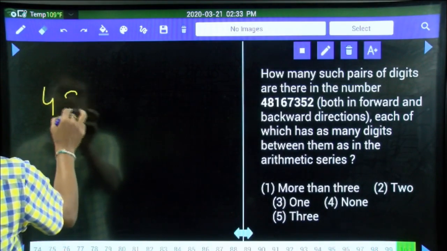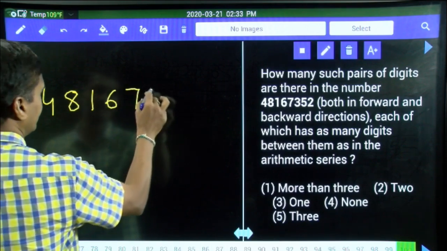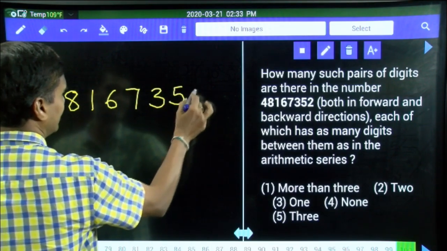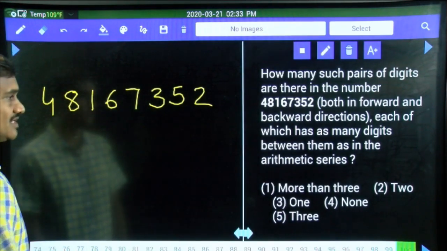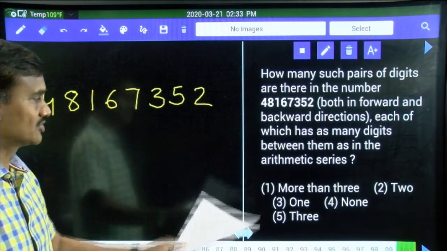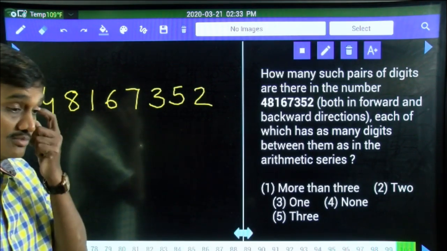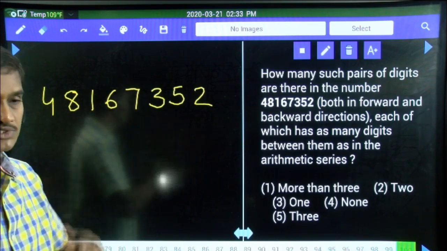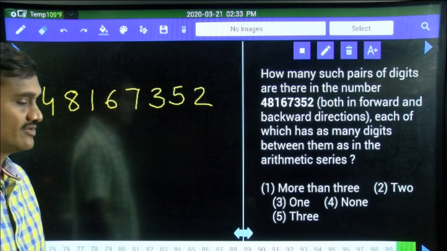What is the number we have? 48167352. How many such pairs of digits, both in forward as well as backward direction, each of which has as many digits between them as in the arithmetic series? Now it is similar to our word question. In that word also, how many such pairs of letters are there which have as many letters between them as they have in the English alphabet?